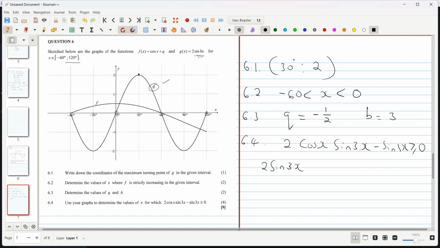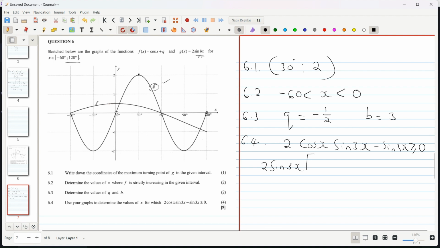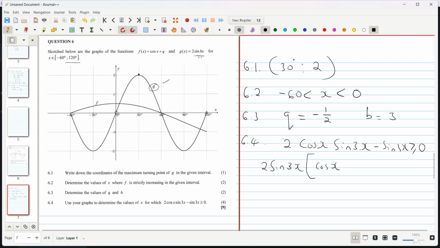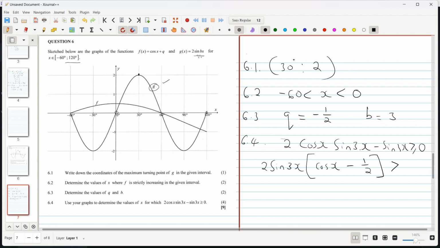And then here we'll be left with cos x minus half.